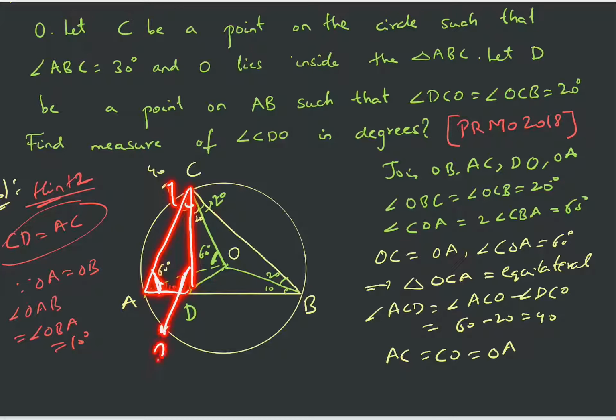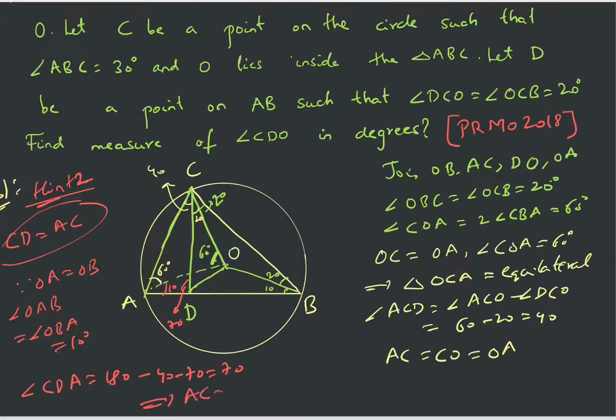So this must also be 70, right? So angle CDA is equal to 180 minus 40 minus 70, which is again 70. So now this angle is also 70. Now since this angle is 70 and this entire angle is 70, then AC must be equal to CD. So this simply implies that AC is equal to CD.